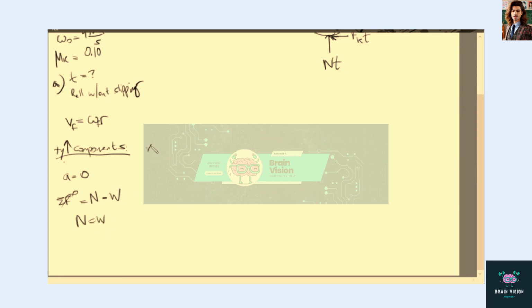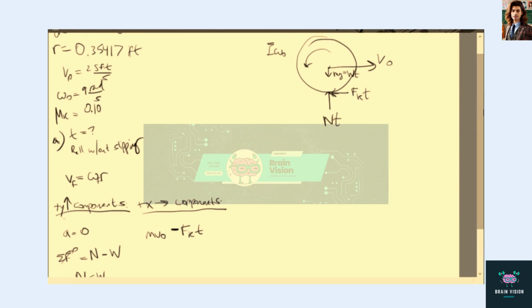Next, we're going to analyze the plus x components. We're going to look at the momentum here. We have an initial linear momentum of mv naught, and we are subtracting an impulse of Fkt.